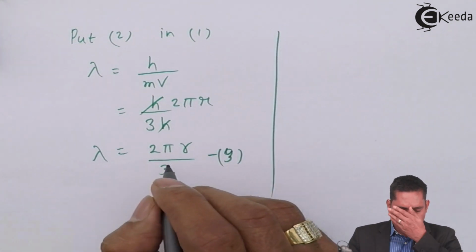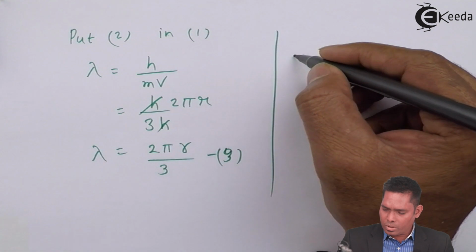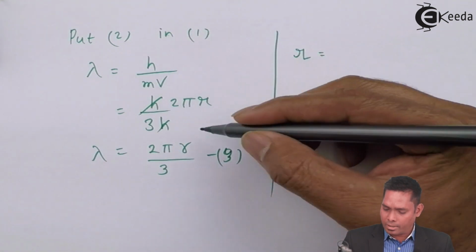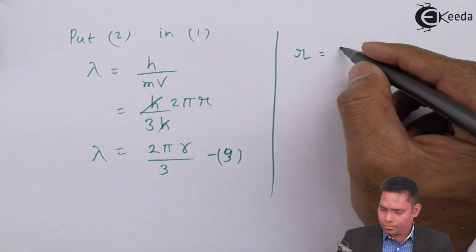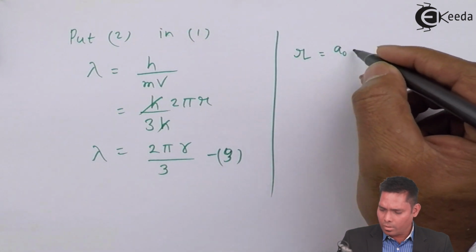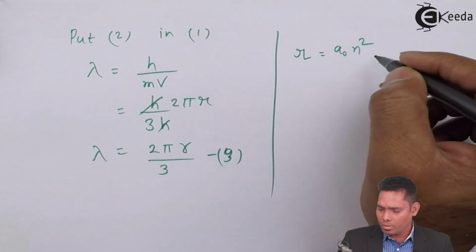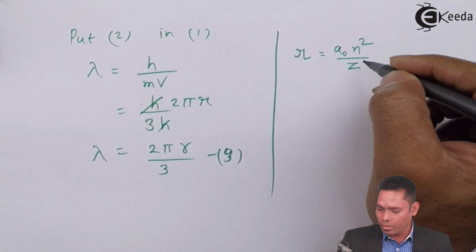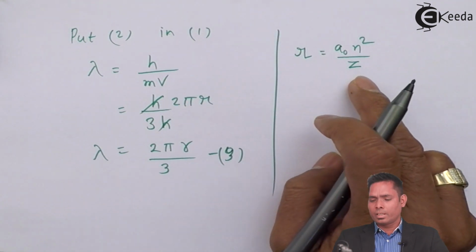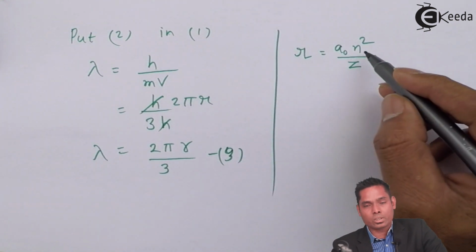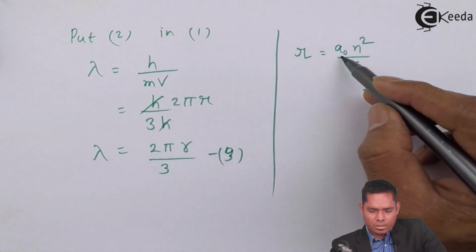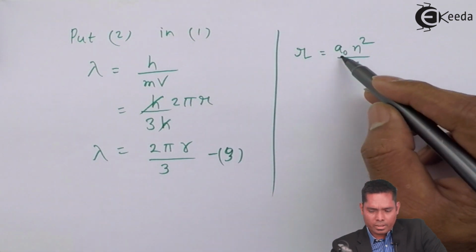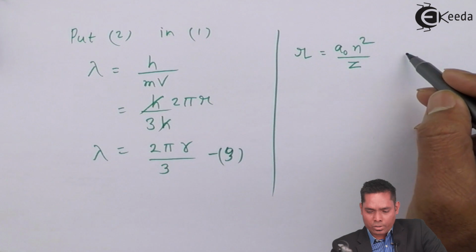So we know that r can be represented as a naught n square divided by Z. Generally r is proportional to n square, where a naught is the radius for the first orbit.